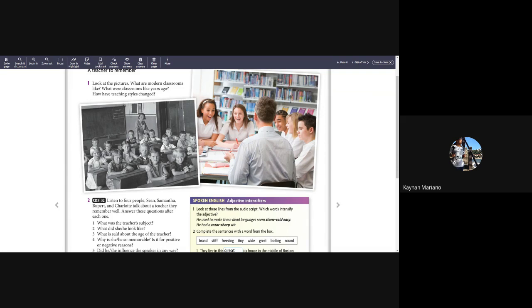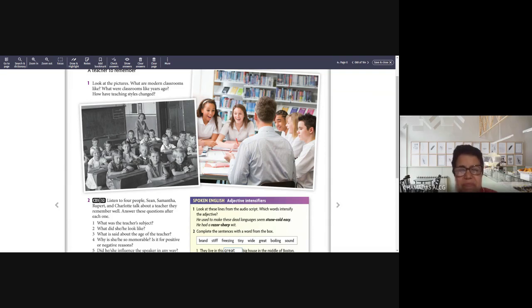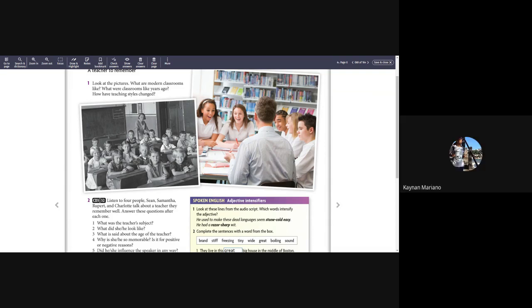The desks are put to form a circle so everyone can look at everyone, and at the same time they can look at the teacher. And I think that way is better. They have more eye contact.